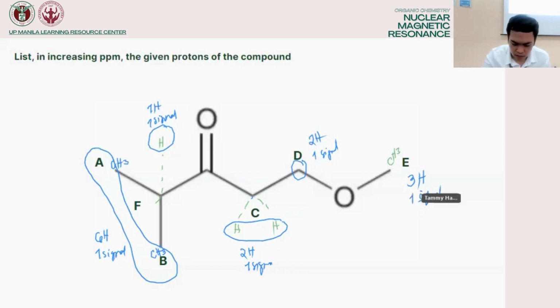O, sige nga, i-rank natin sinong pinaka-upfield. Sino pinakamalapit sa oxygen? Or sino pinakamalayo? Upfield eh. Ang pinakamalayo ay sila A, B. So, A equal B. Okay? Ano next? So, ito ay electronegative atom, ha?